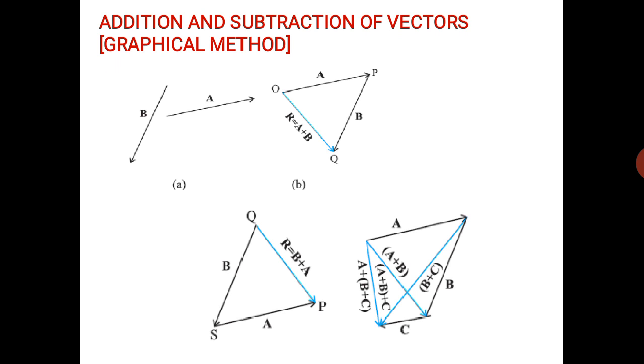So now we can write vector B plus vector A equals vector R. So both are the same only.